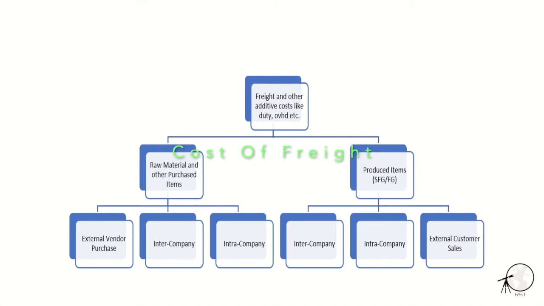First, the cost of freight when the freight vendor is paid by the company, and then freight revenue or negative cost of freight, depending on the business preference in the company, during the customer invoice. So again, cost of freight during the freight vendor payment and freight revenue or negative cost of freight during the customer invoice.